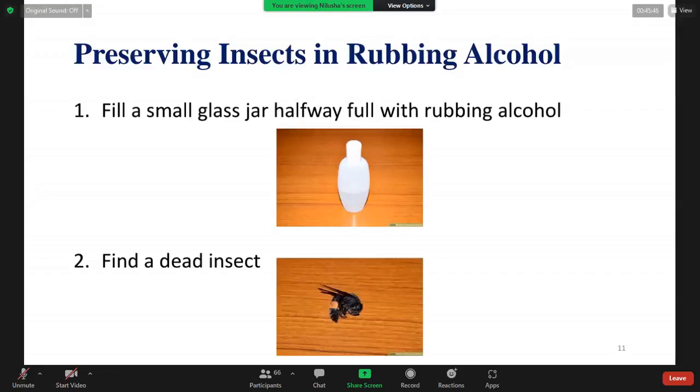First, you have to fill a small jar or some container in which you are going to preserve the insect. Fill the container halfway with rubbing alcohol. Next you have to find a dead insect, or if you catch one insect you have to kill it.